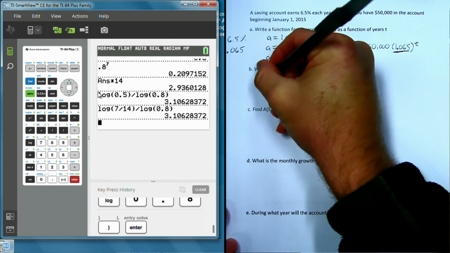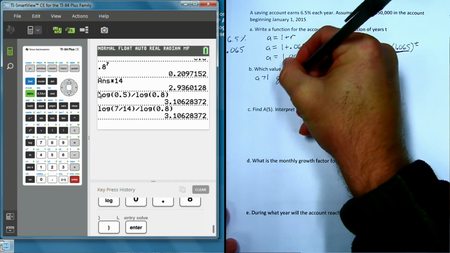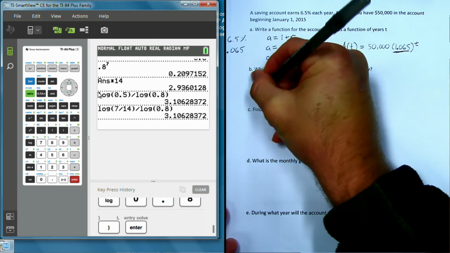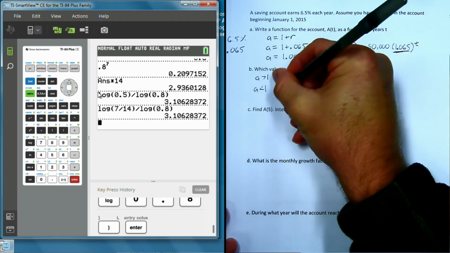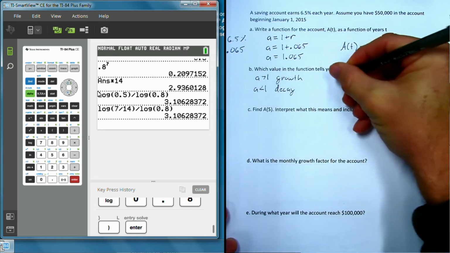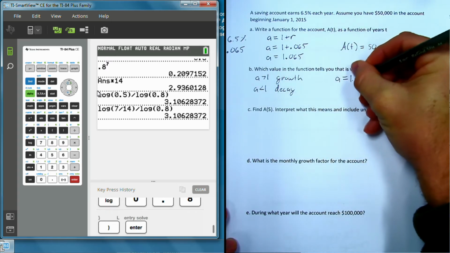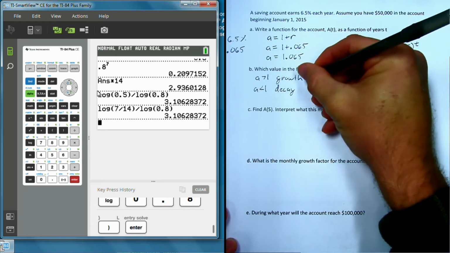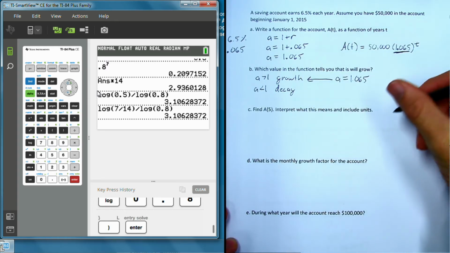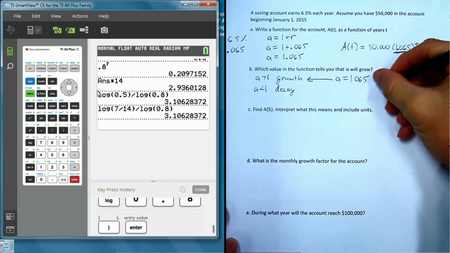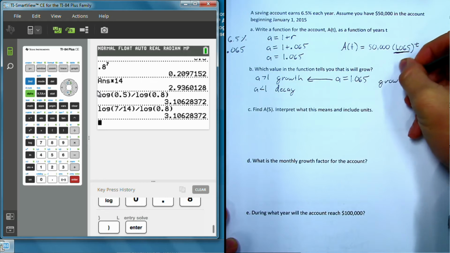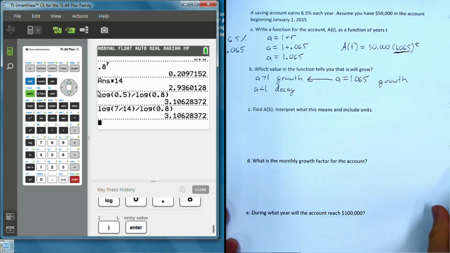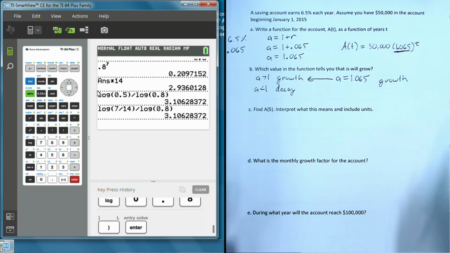If A is greater than 1, we get growth. If A is less than 1, we get decay. In our case, A is 1.065. Since that number is greater than 1, I know that we're going to get growth. If you consider our previous example where A was 0.8, that's how we knew the function was going to decay.